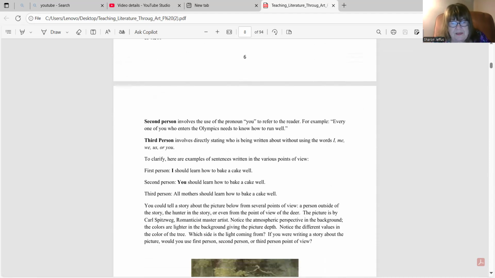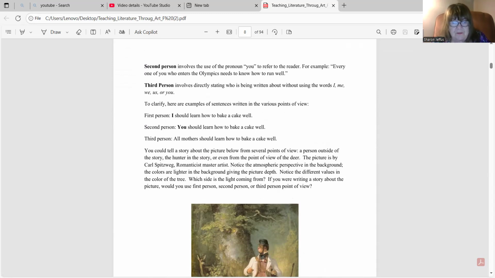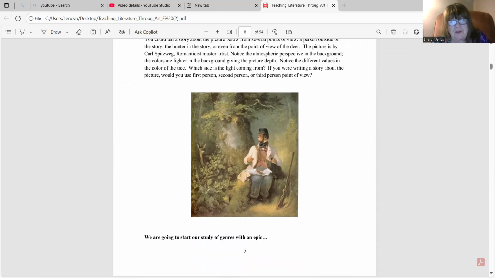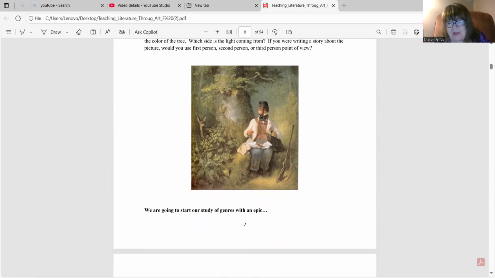There are different points of view in writing. There's the third person, the second person, first person. And you can talk about that when you look at pictures. Carl Spitzweg is a very famous artist that did people in different situations.